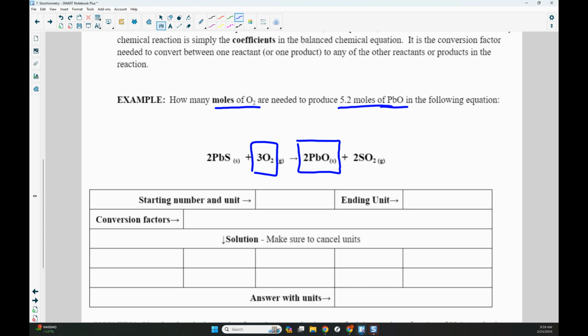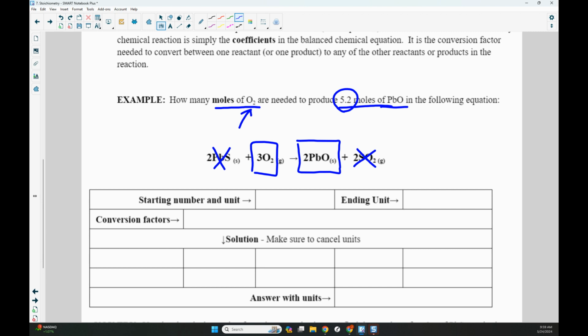So we want to know how many moles of the reactant oxygen we're going to need to produce that many moles of the product, lead oxide. So for this particular question, at least, you can ignore these two quantities. Now, I could ask you about them in another question, so you probably shouldn't cross them out in your booklet, but at least for this example, we can ignore those. And we're only interested in the relationship between oxygen and lead oxide.